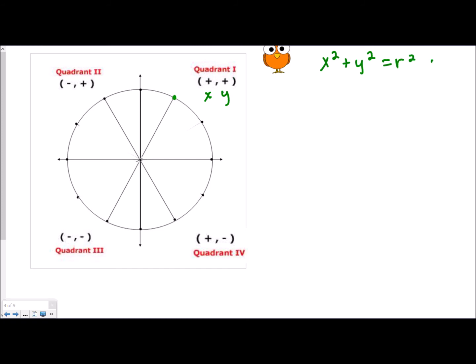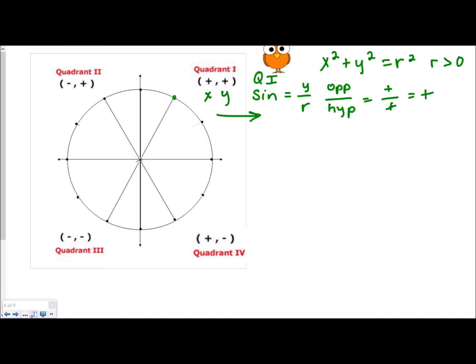I told you r is always positive, always greater than 0. So if we're in this quadrant right here and I'm finding the sine, which is y, the opposite, over r, the hypotenuse, this is the stuff you just talked about. This is a positive number being divided by a positive number, which will give me a positive number. That is in quadrant 1.